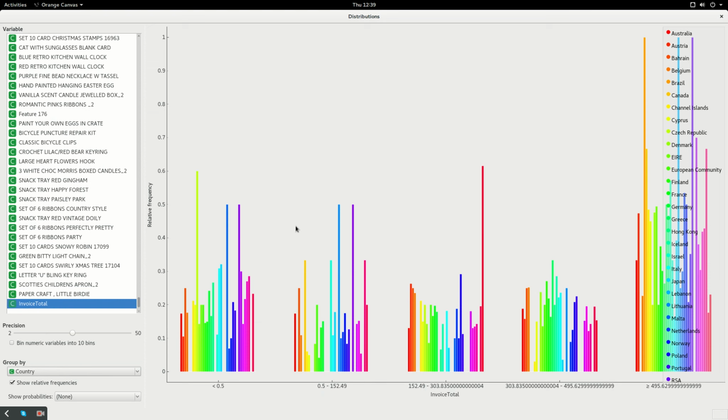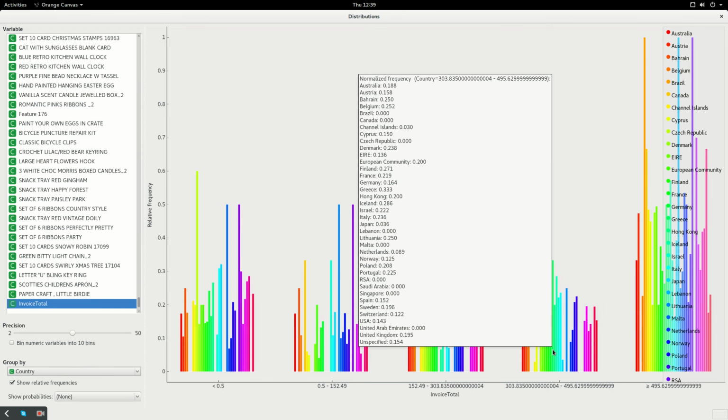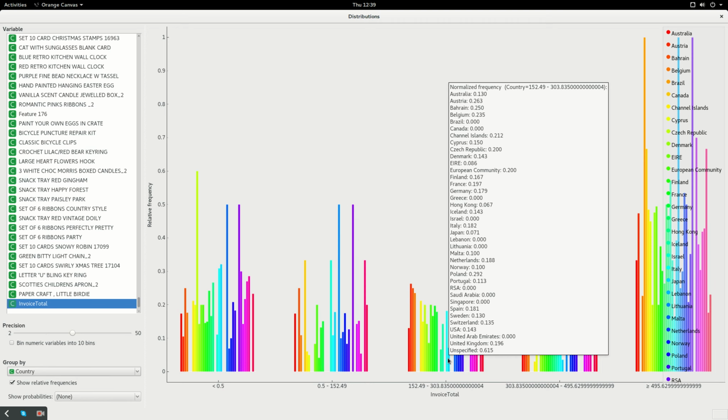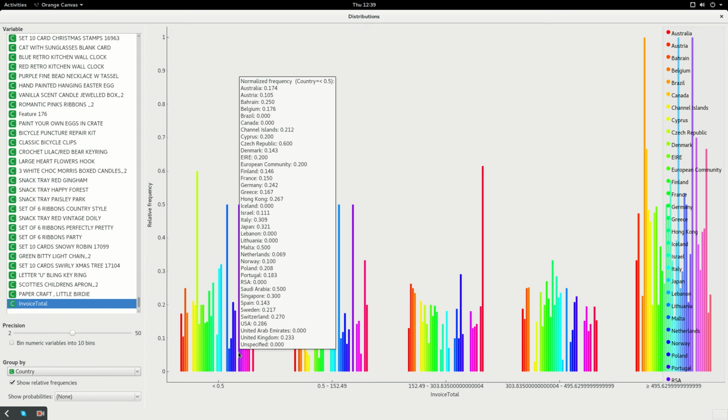So look down again. So Australia, which is the top one, has a good 33% of its transactions in the high value basket. Let's see how it's represented in the others. It's 18%, so 13%, 17%, and 17%.